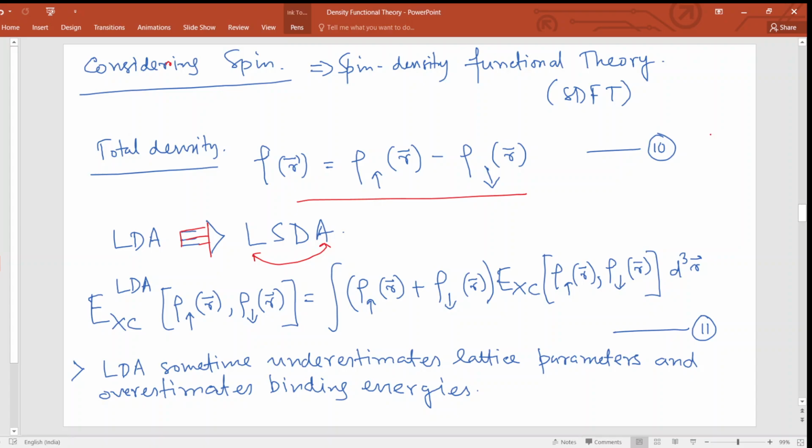You can do X-ray diffraction and fit it to find the type of crystal structure and the lattice parameters. Through density functional theory calculation, you can find the ground state behavior and see whether the lattice parameters in both cases match. It was observed that these lattice parameters are sometimes underestimated and the binding energy is overestimated.